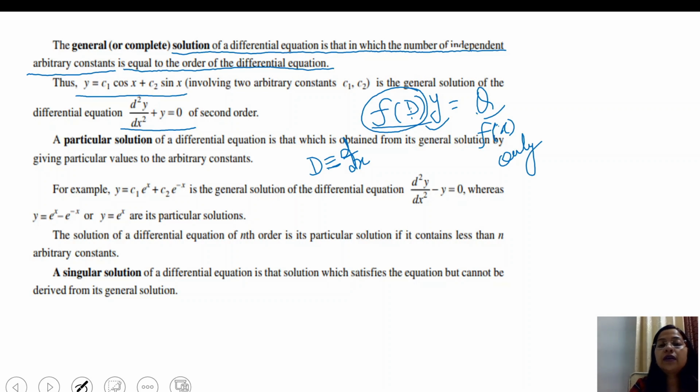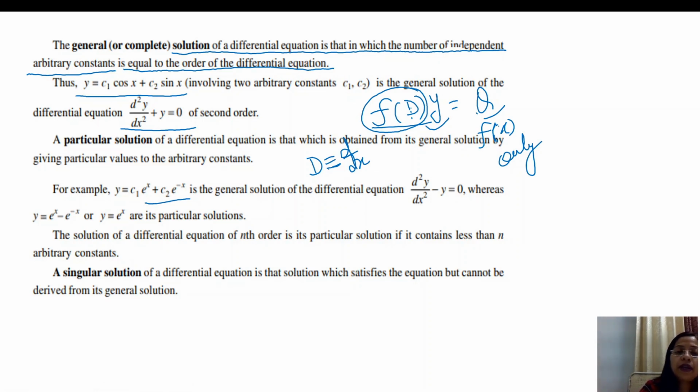Okay, so here the general solution of any differential equation consists of two parts. One is the complementary function, right, which is shown here with the help of some example, and another one is the particular integral, right?